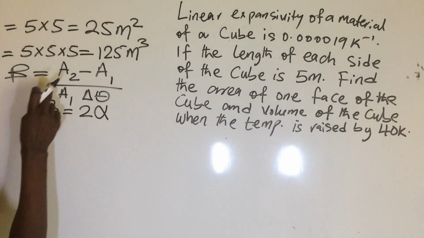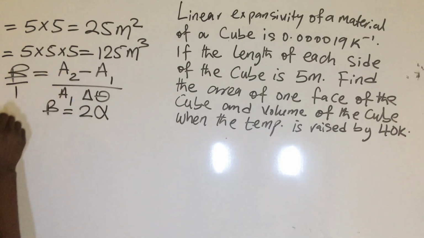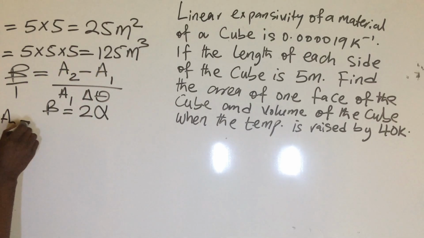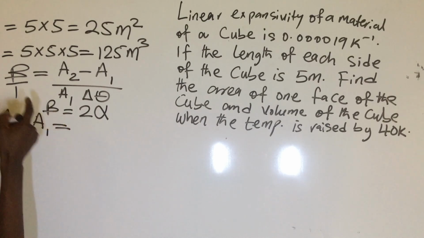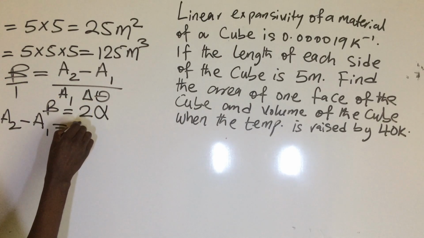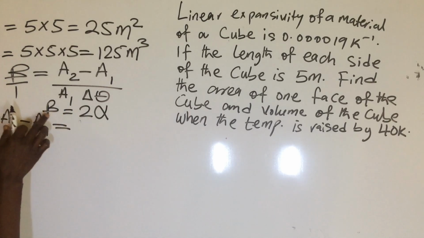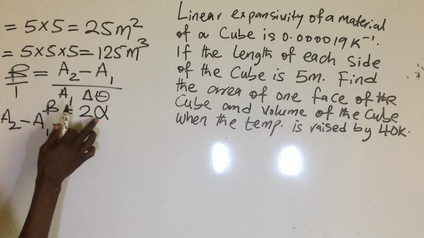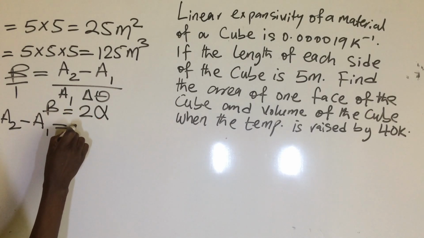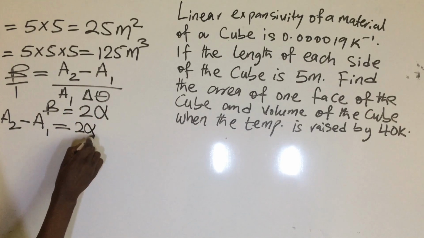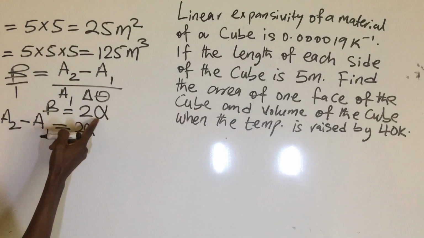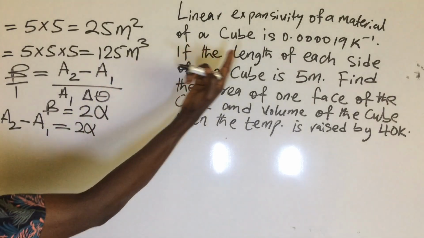Now making this the subject of the formula, we have A2 minus A1 equals beta times A1 times change in temperature. But beta is 2 times alpha, which is 2 times the linear expansivity that they have given us in the question.